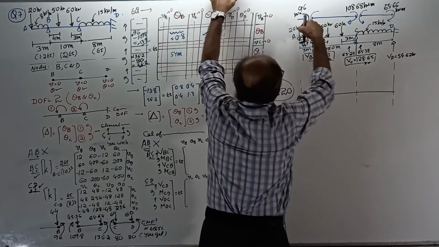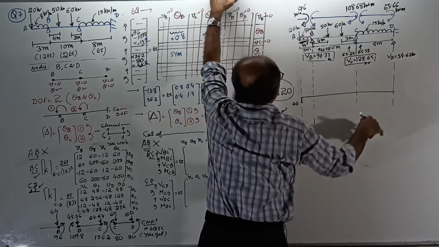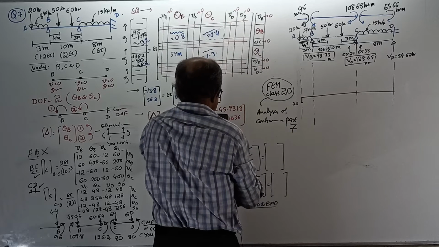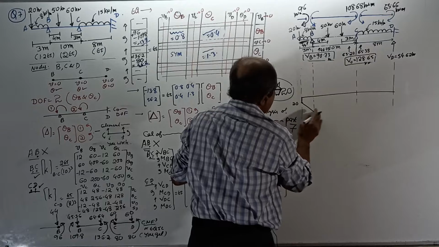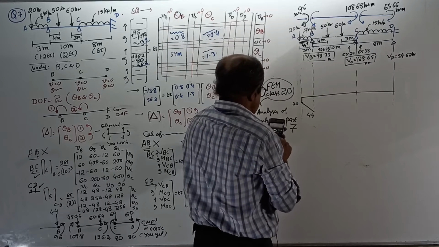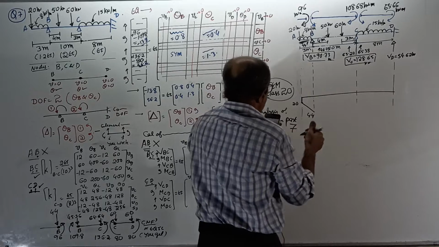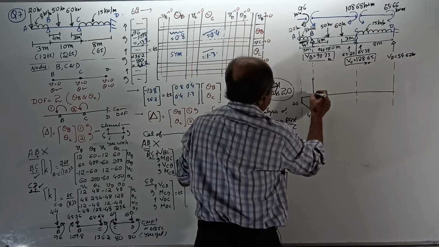See SFD. Come down by 20. Again come down by 8 into 3. It will come to 44 here. Go up by 90.73, 46.73. Here, 46.73.